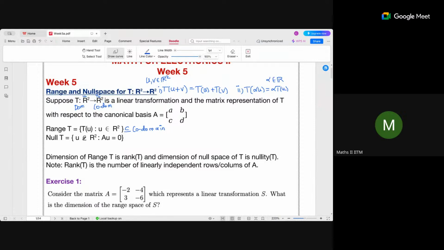Now null of T is a set of all U in R2 such that AU equal to 0 or equivalently TU equal to 0. Both are going to give you the same answer. Now null of T you should visualize as a subset of which space?